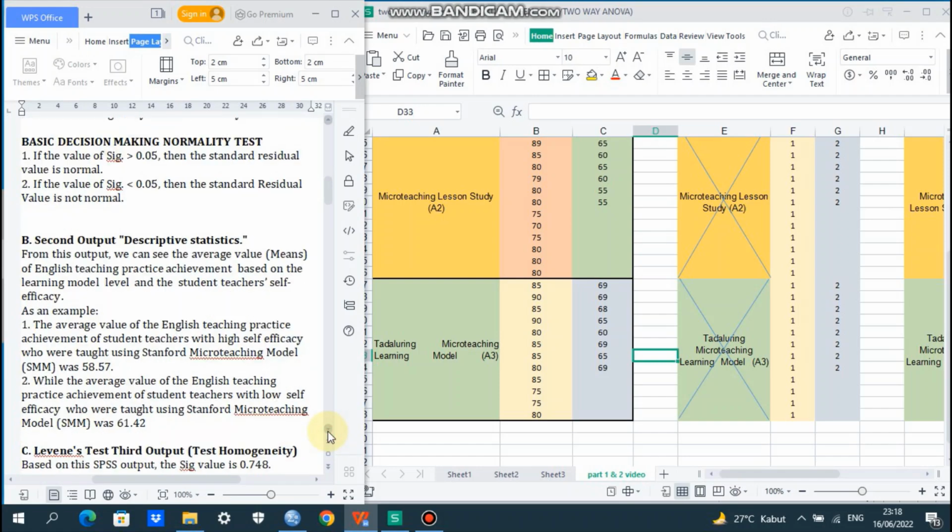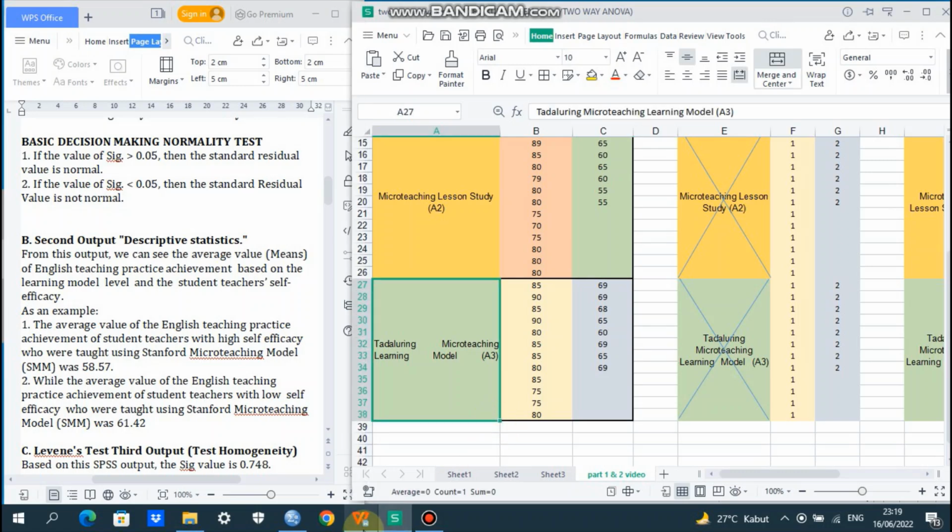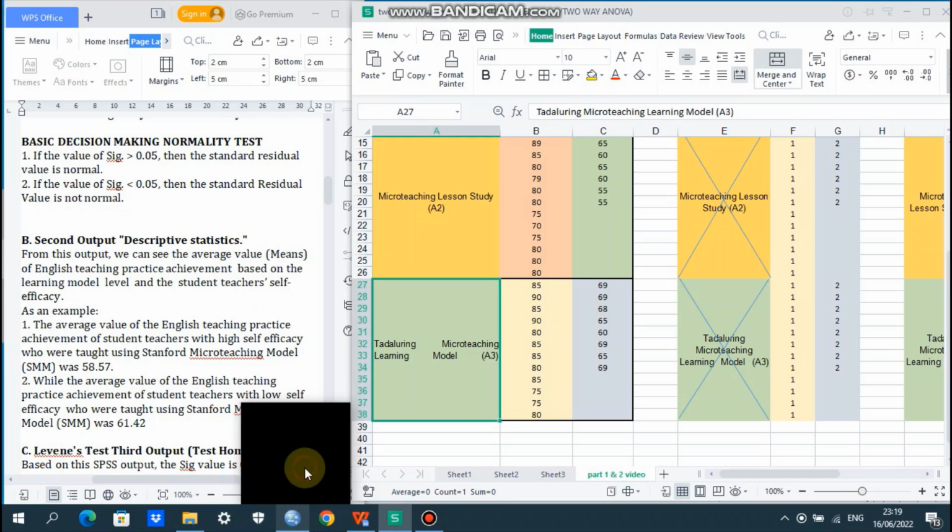The second output, descriptive statistics. Before we go to the second output, we do the normality test of the standard residual value. How to make it? Okay, so we have the SPSS here.